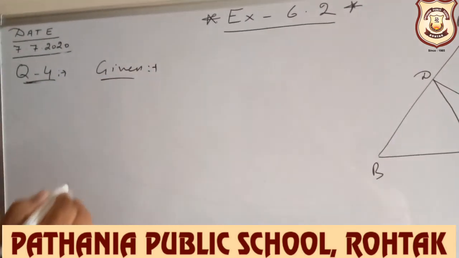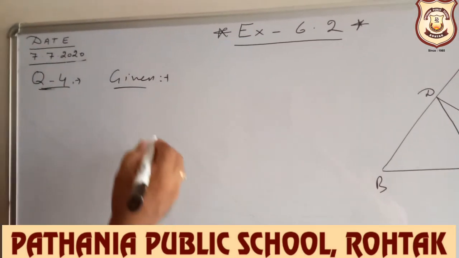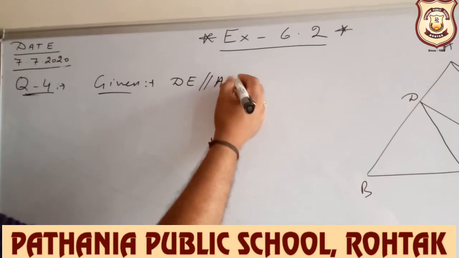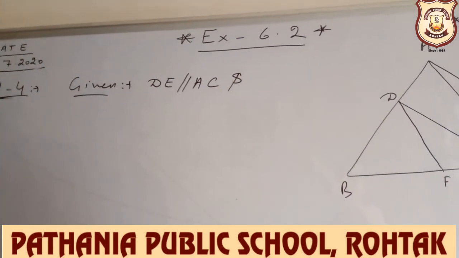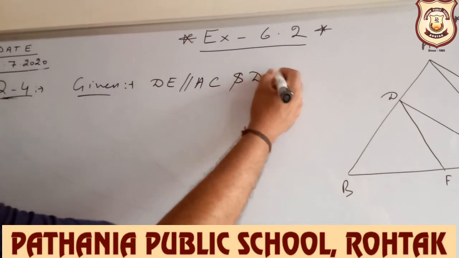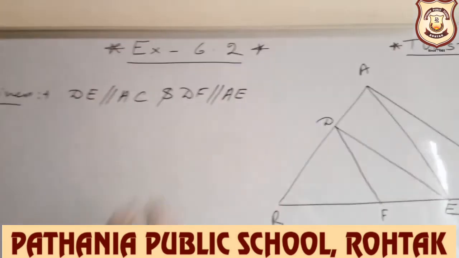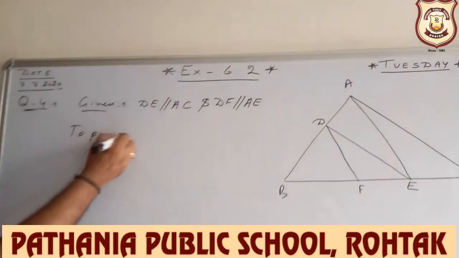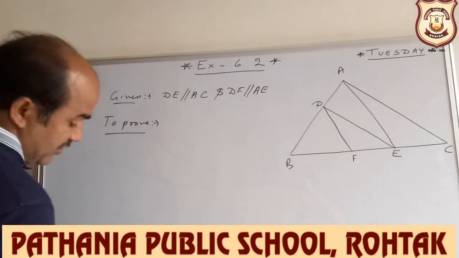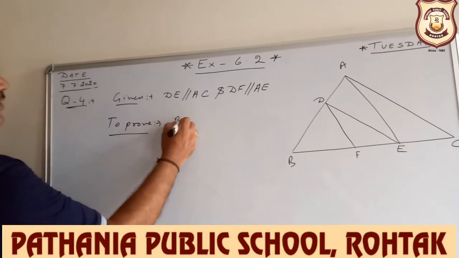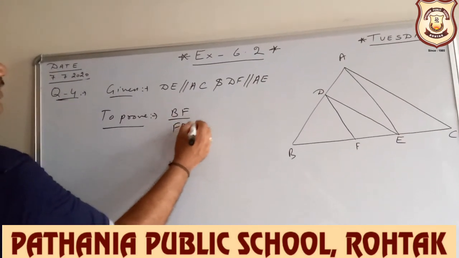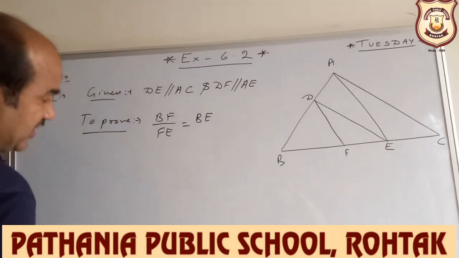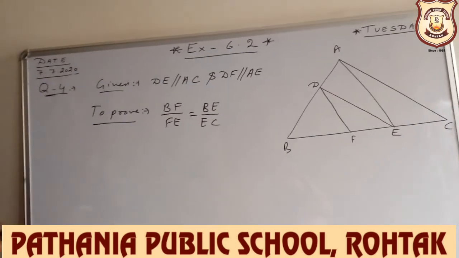In the given you can write DE parallel to AC and DF parallel to AE. Then to prove, you can write BF upon FE equals BE upon EC.